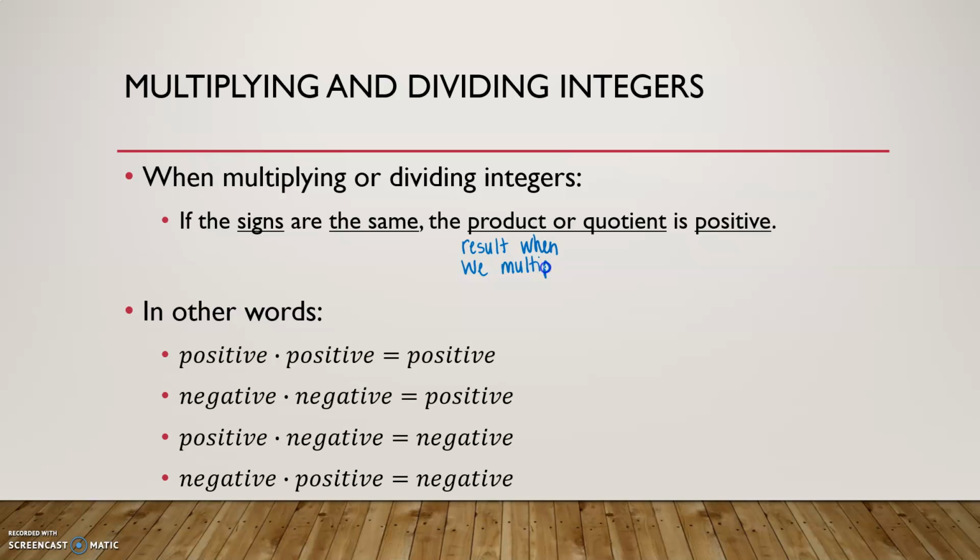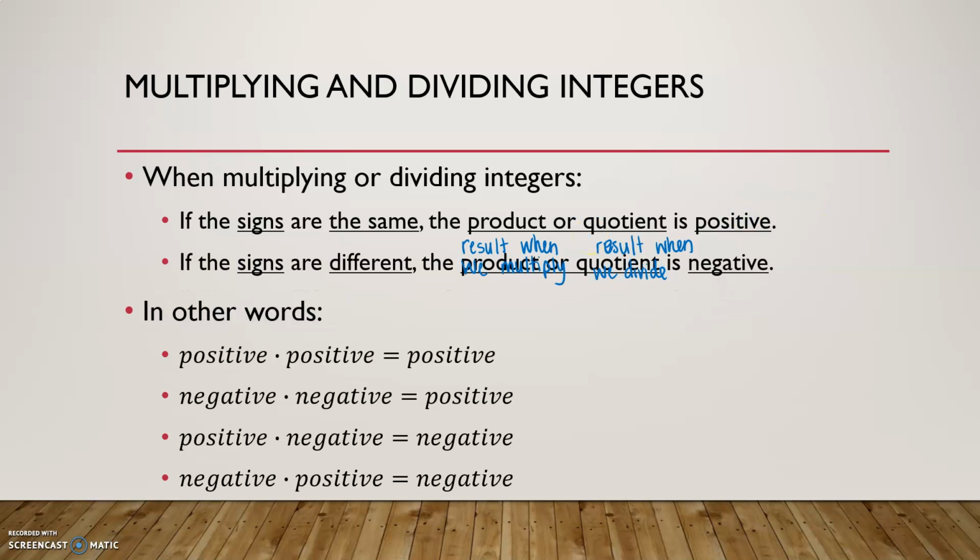And quotient means the result when we divide. So if the signs are the same, the product or quotient is positive. If the signs are different, the product or quotient is negative. Here, I'll get those words out of the way so you can read it.